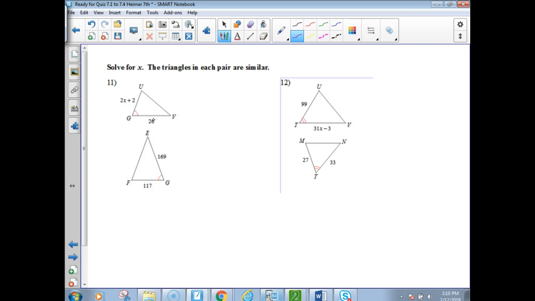The 26, would that be longer than the 2x plus 2 side? This looks shorter, doesn't it, than that? Okay, so let's do long to long. So which would be the longest one in this one? Yes. Okay, good. All right, so let's do 26 over 169 equals, and now we'll go over here to the short two sides.